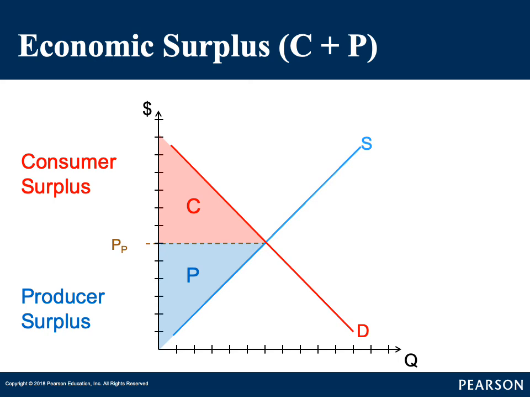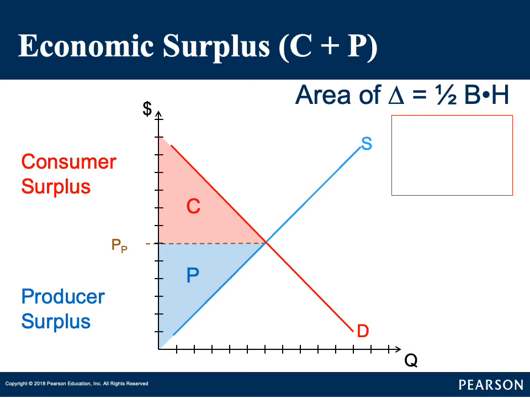Now, we can calculate and quantify surplus just by calculating what the volume of the consumer surplus triangle and the producer surplus triangle happens to be. Areas of triangles are 1/2 base times height. So on the consumer side, we could take 1/2 of 6 times 6, which is 36, or 18.